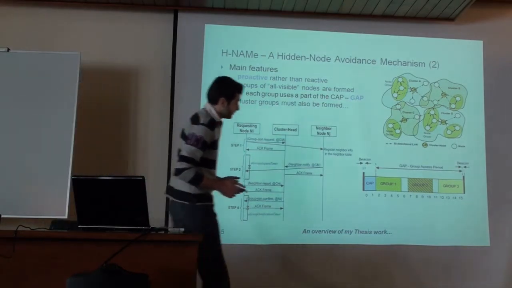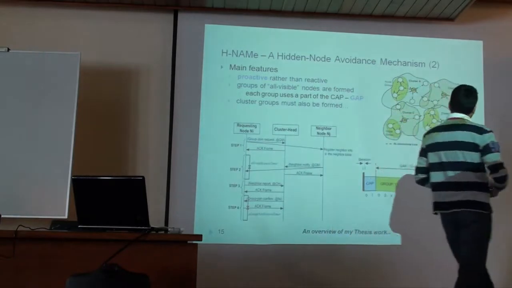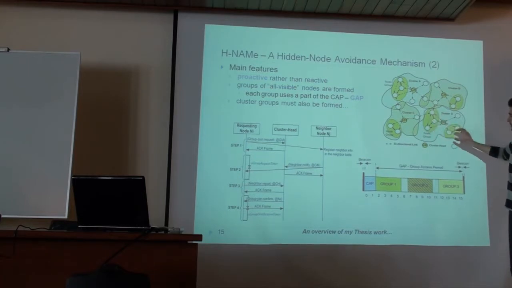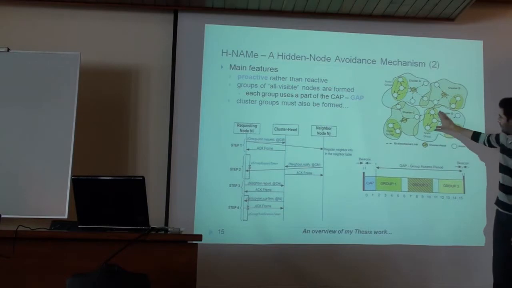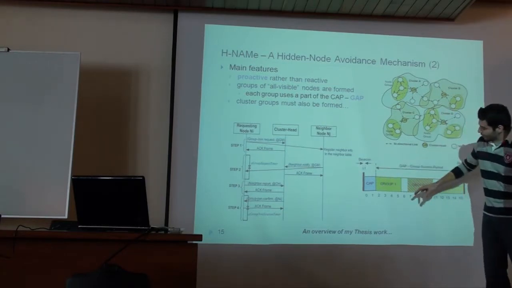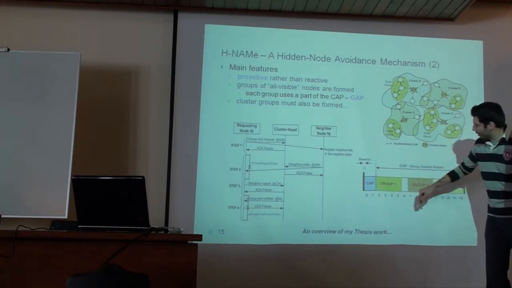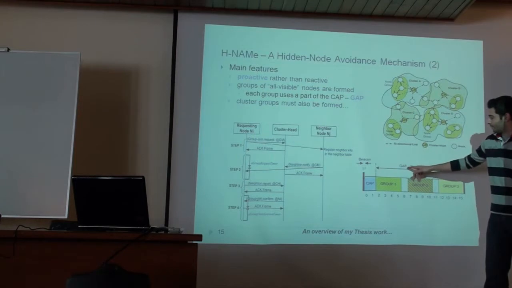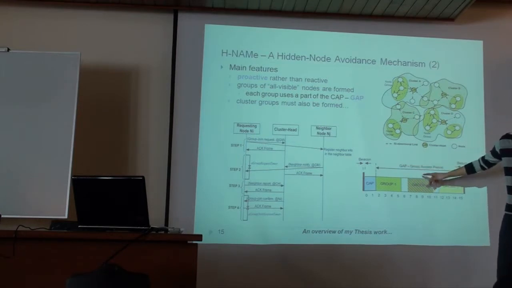For instance, in this cluster, these nodes are visible to each other, however they cannot see these ones nor this one. So the idea is to group these nodes here and assign them a portion of the CAP, which we call GAP, which stands for group access period.